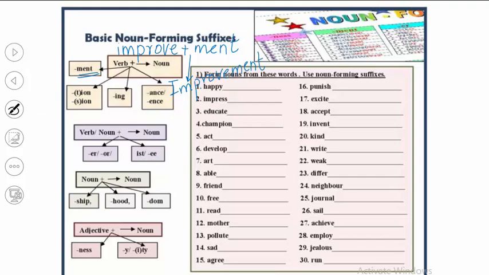Friend, friendship. Child, childhood. Freedom. So things like these are suffixes. Adjective plus -ness, we can add -ness to change it into a noun.